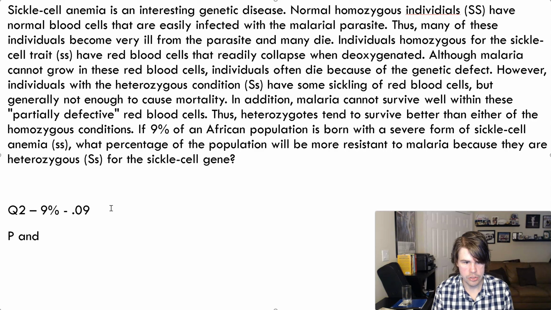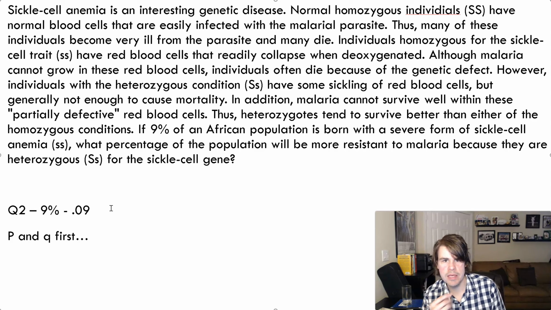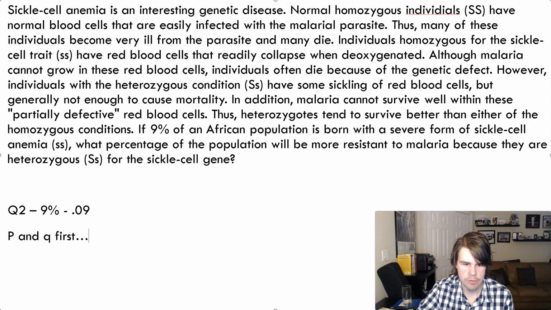Your goal in solving Hardy-Weinberg equilibrium is always to find P and Q first. So how would you solve this?